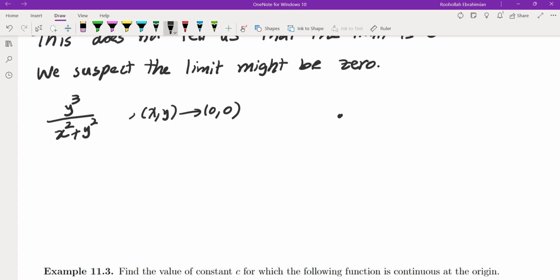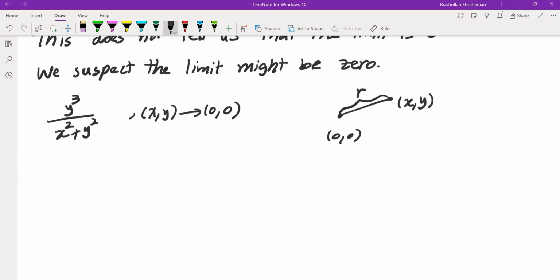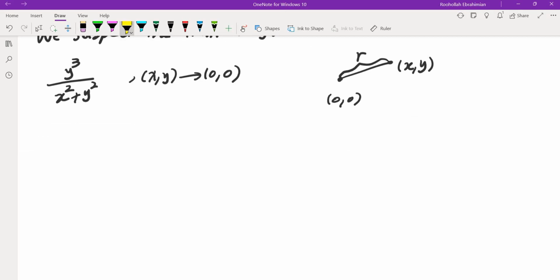It means the distance between the origin and x comma y is getting smaller and smaller. So the distance between these two is r in polar coordinates. And given that at the bottom I have x squared plus y squared, which in polar coordinates can be simplified, I'm going to use polar coordinates. So I will give you two different methods for this one. So method number one is polar coordinates.